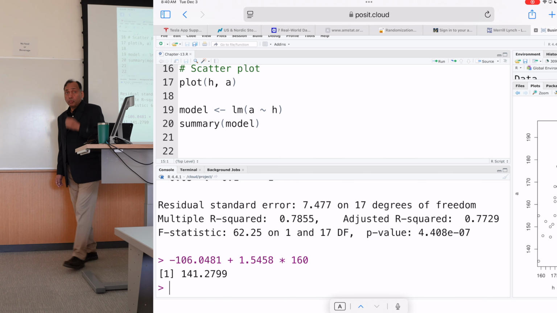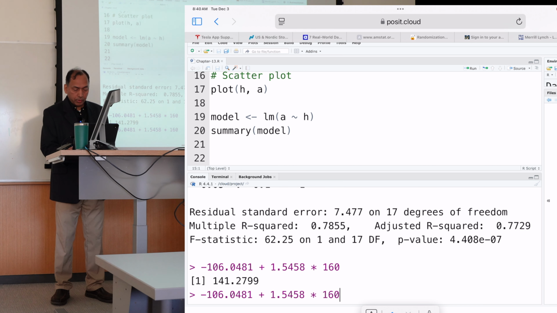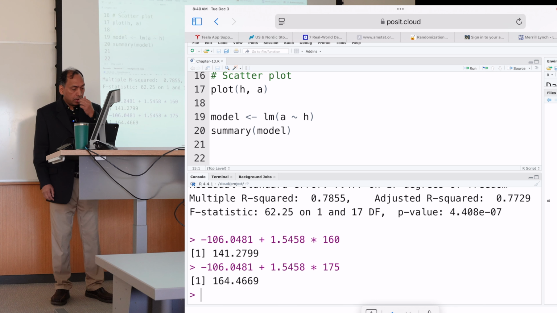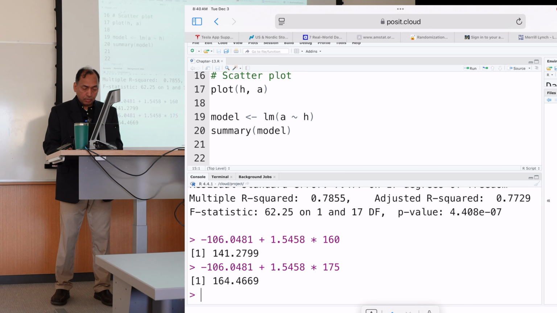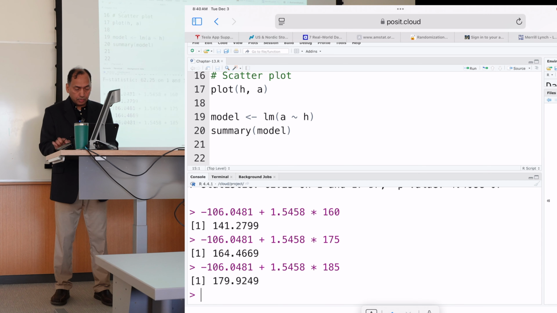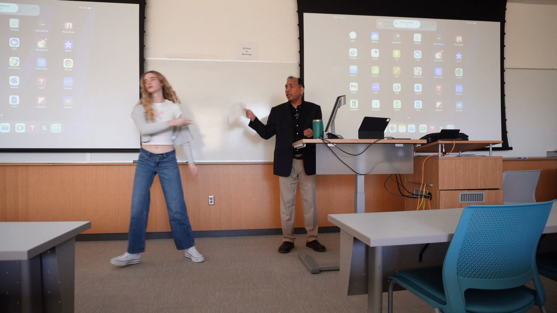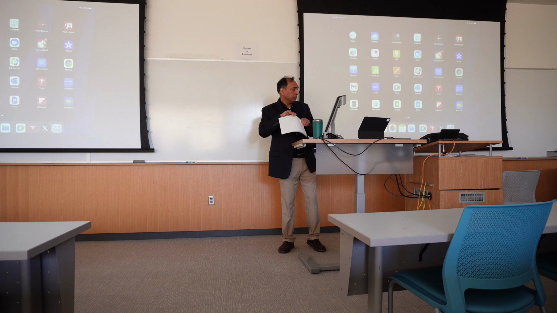So that gives you 141.3. Similarly, if you put 175, you get 164.4. Similarly, if you put 185, you get 179.9. Thank you. You can take a picture if you need a copy.